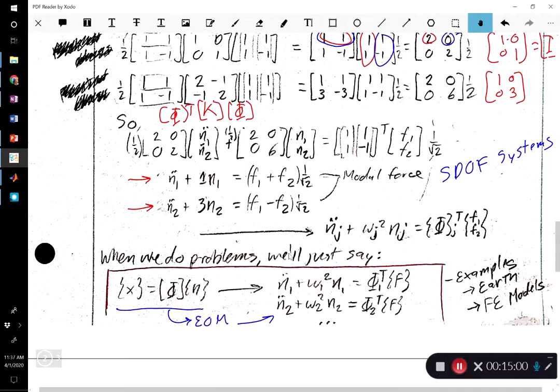There is something interesting going on on the right-hand side. Notice that the forcing for equation of motion 1, or for mode 1, is not just the force on mass 1. This is the force on mass 1 plus the force on mass 2. And it turns out in this case, the sum of those two, it's kind of like the average force, so the scaling is not quite 1/2, is the forcing that mode 1 feels, where mode 2 feels the difference force, the difference between those forces.